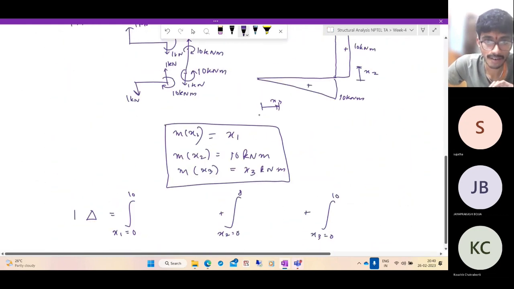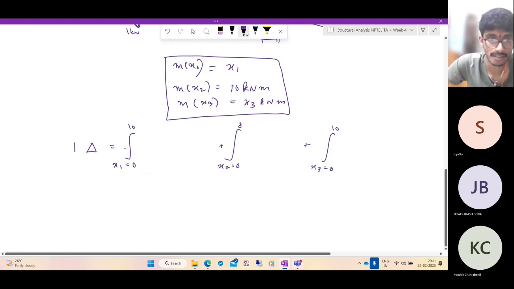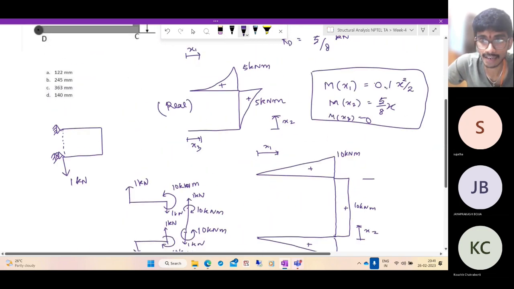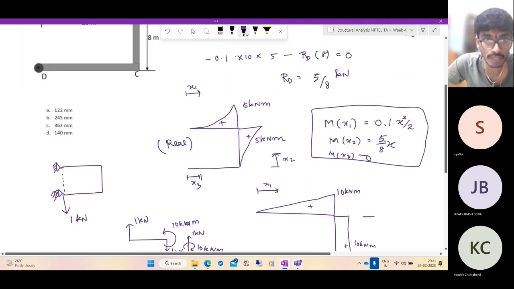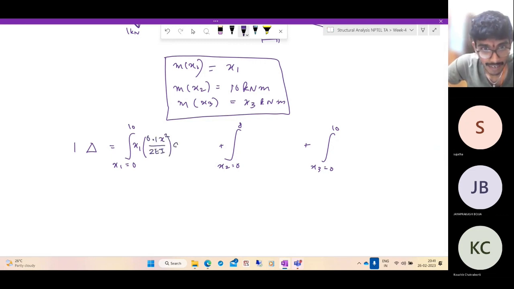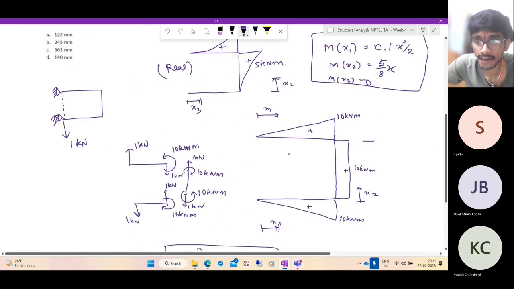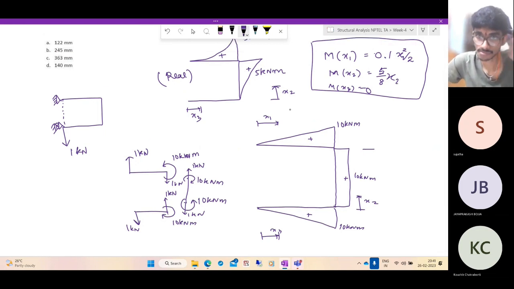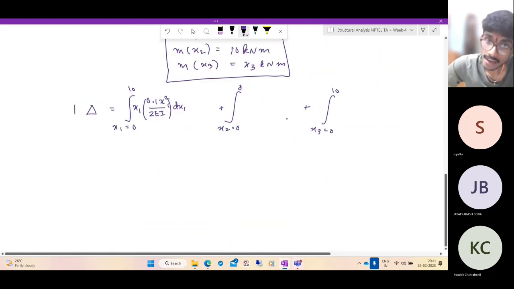So this one is x1. What is the real rotation? 0.1 x square by 2 EI into 0.1 x square by 2 EI dx1. I hope I'm right. Yeah.